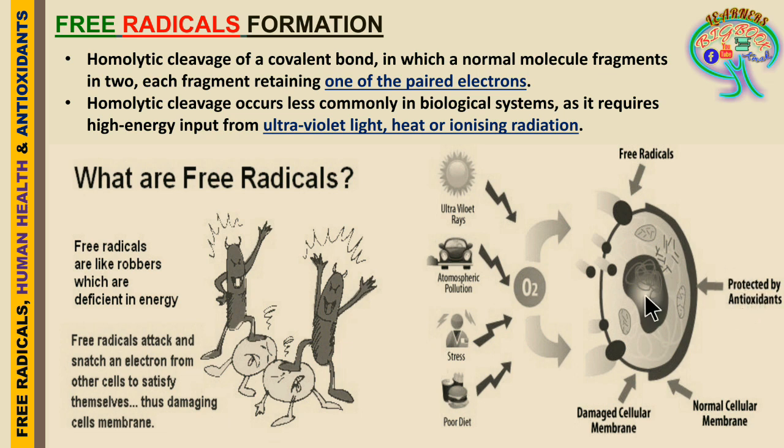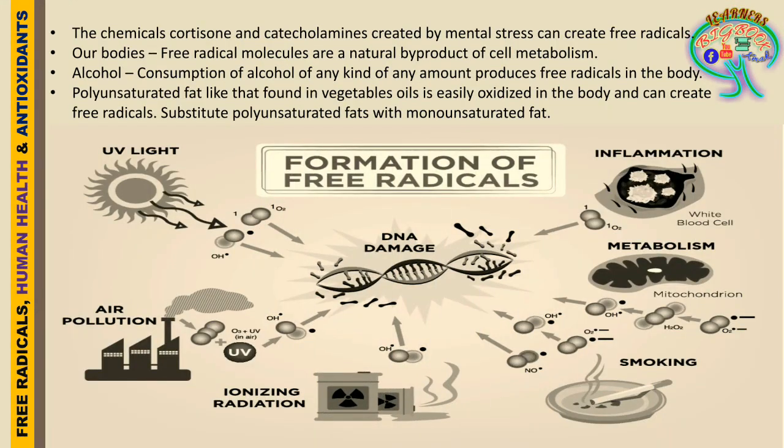Now coming to the next slide, free radicals, how they are formed, the continuation. The chemicals cortisone and catecholamines created by mental stress can create free radicals. So if you take these chemicals, they can cause mental stress and can create free radicals.